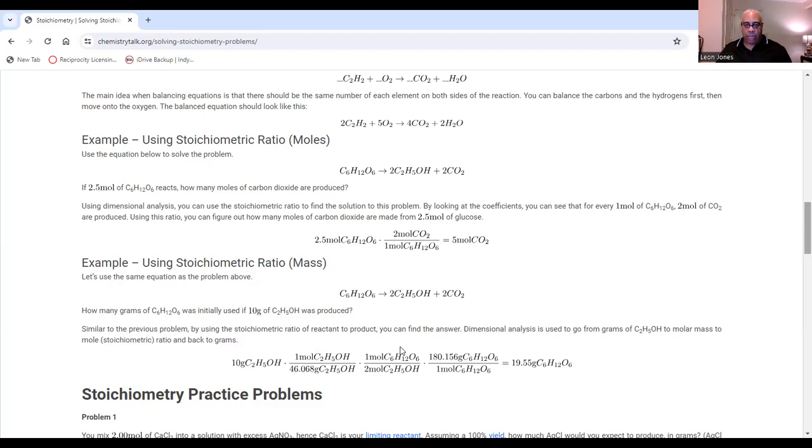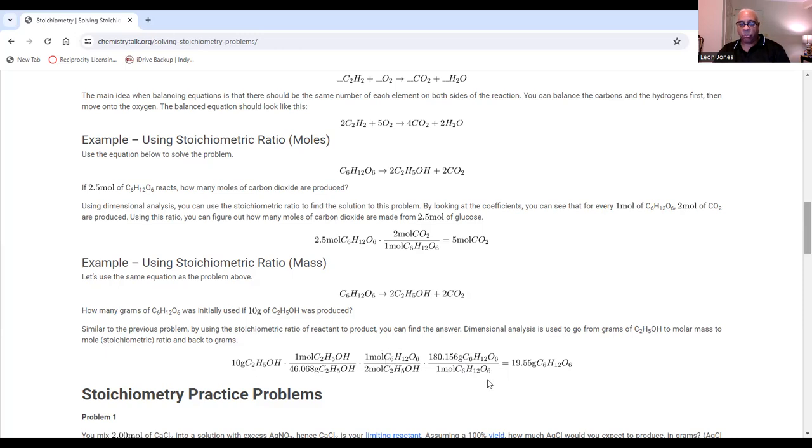Now that we have what we need, we're going to go to your periodic table to find out your weight of glucose, which has already been done for you, 180.156 grams. So we're going to take that and divide it by 1 mole. Why? Because we already have 1 mole for your coefficient, which is part of your ratio.